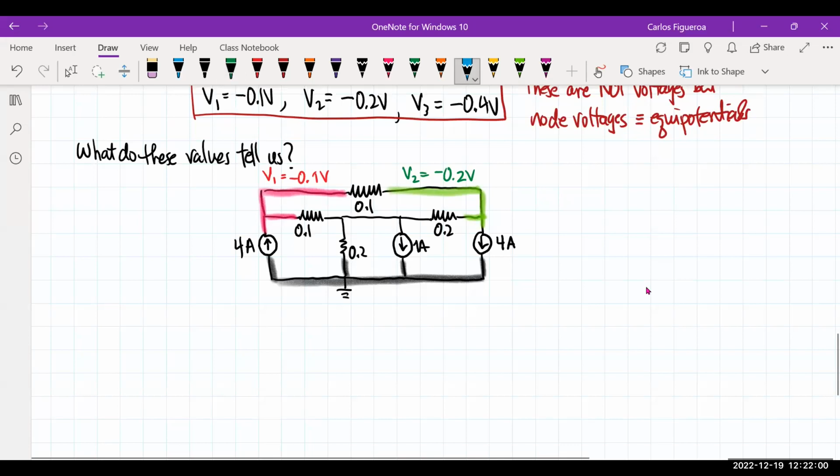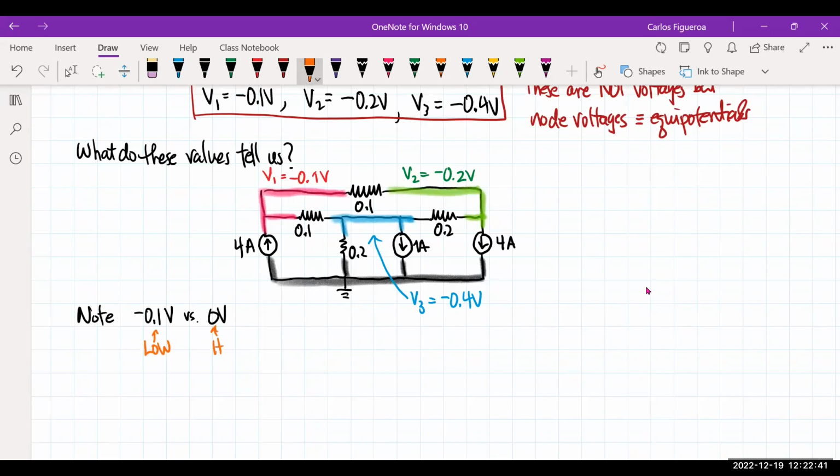Then we have our blue node. This tells us that this is V3, which is equal to minus 0.4 volts. So when we look at node voltages, note minus 0.1 volt versus 0 volts. This guy right here is the low.